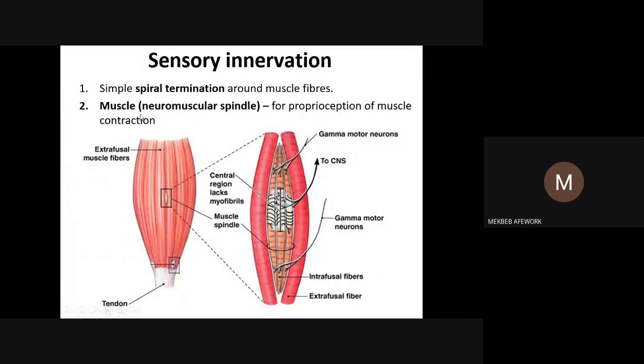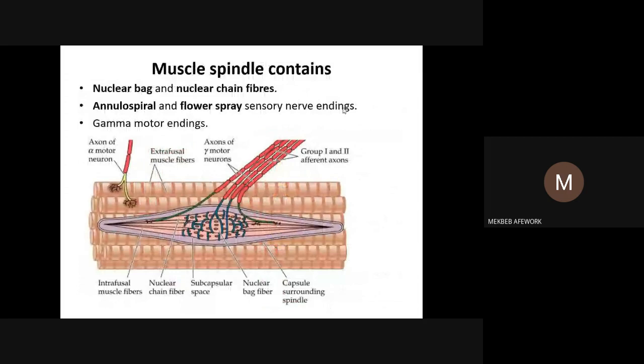This neuromuscular or muscle spindle works for proprioception. Proprioception is positional sensation. The state of tension, the state of contraction, is gauged. And for this, sampling is effected.